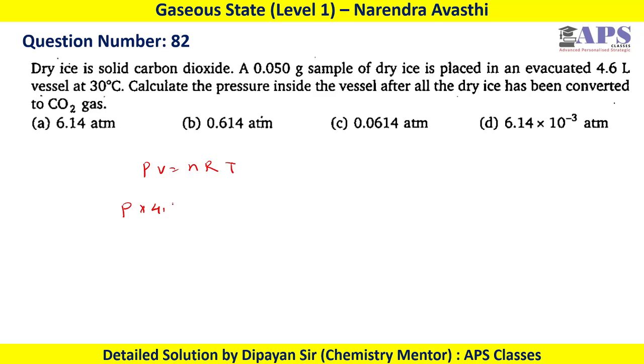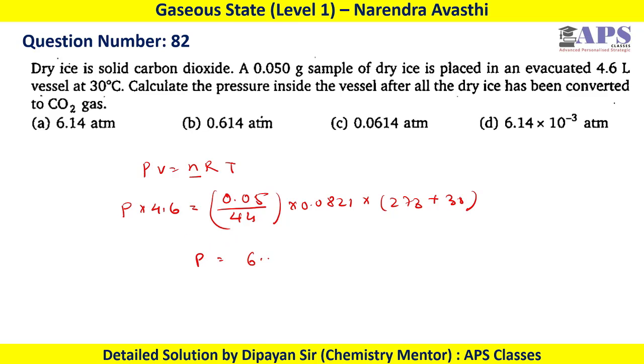Volume is 4.6 liter. Number of mole can be calculated as given weight by molecular weight. R value is 0.0821 and temperature of the system is 273 plus 30 degree. So from here we can calculate pressure, that is going to be 6.14 into 10 to the power minus 3 atm. So option D will be the correct option.